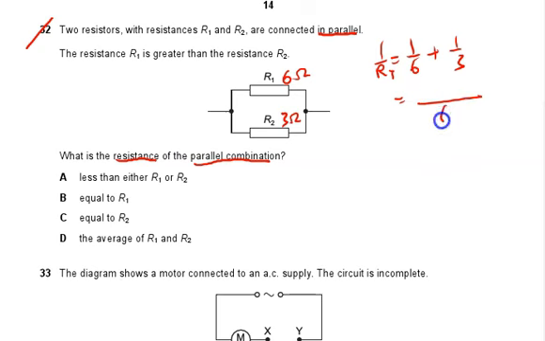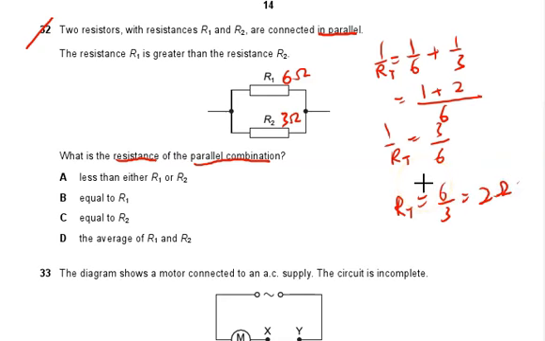So here becomes 1 over 6, here's 2 over 6, 3 over 6, then we change back. Just invert this, you get 6 over 3, which will give you 2 ohm. So if you look at it, it is lesser than both of these, right? So it's less than R1 and R2.